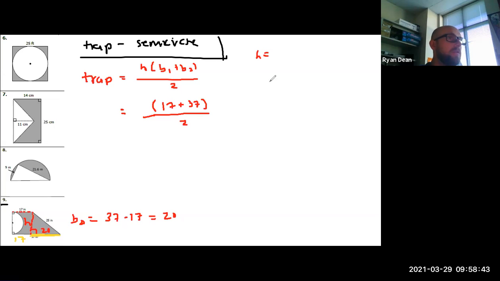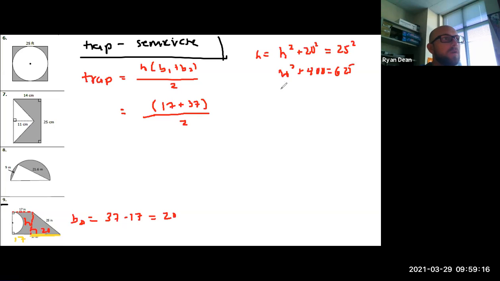Now this allows me to use the Pythagorean theorem. I have h squared plus 20 squared, and that's equal to 25 squared. h squared plus 400 is equal to 625.